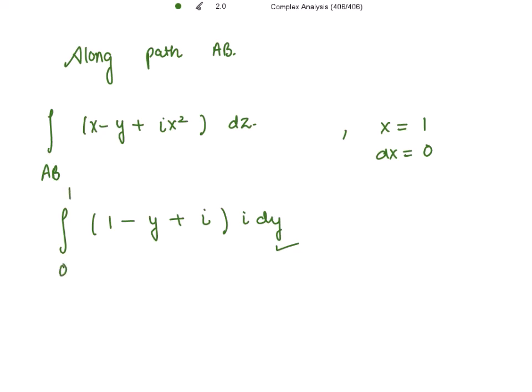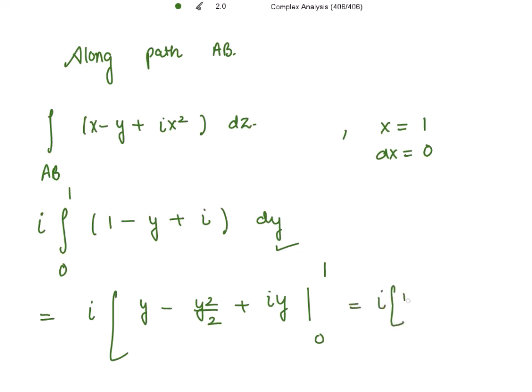Is it okay? Fine. All right. So now integrating. Before integration I am taking this iota outside of the integral, so let me write it outside. Now I am going to integrate this. This is y minus y square divided by 2 plus iota y with limits 0 to 1. When putting the upper limit, we get 1 minus 1 half plus iota.